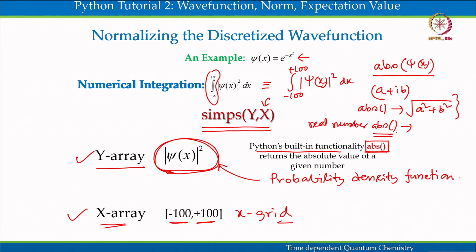If it is a real number, then it will remove the negative sign of the number, and that's the way it will return. So what we need to do is use the absolute value of psi x, then make it square and do the integration.